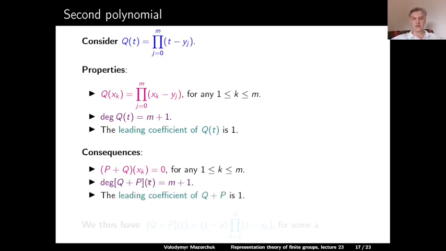In other words, p plus q must be the polynomial, the product over all k from 1 to m of t minus xk, times t minus a, for some number a which we so far don't know. So this is a polynomial of degree m plus 1, it should have exactly m plus 1 roots. We know m of them, these are the xk's, and we denote the last root by a.